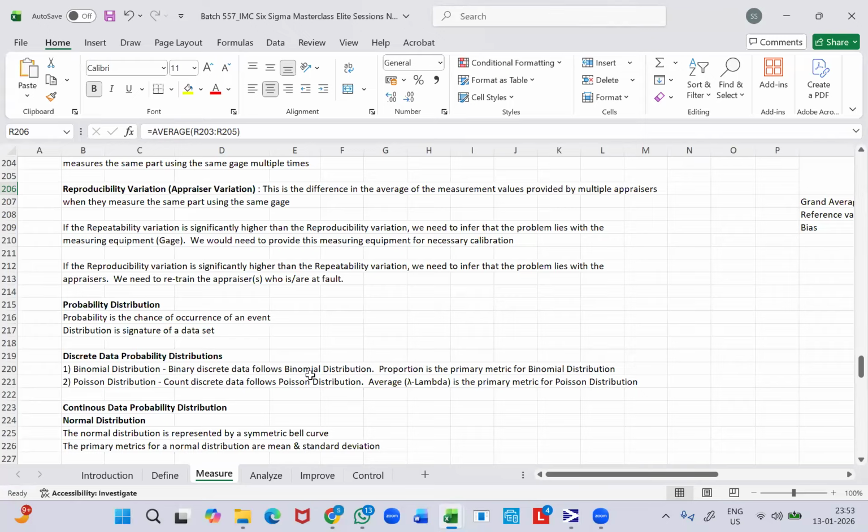If the historical performance was really good, then the probability of getting even these 5 defectives out of 200 samples will be very, very low. But if the historical performance was bad, and the defective proportion is way too high, then the probability of getting 5 defectives out of 200 samples will also be very high, right?